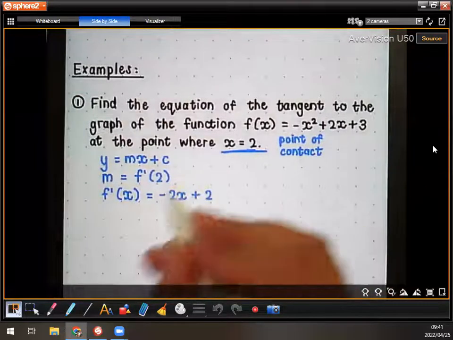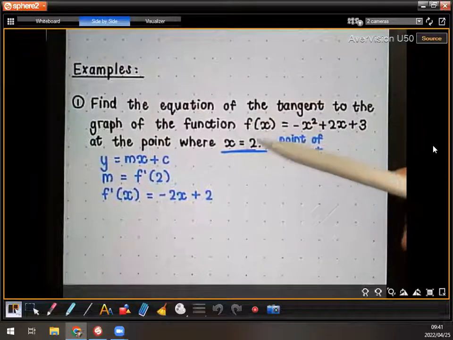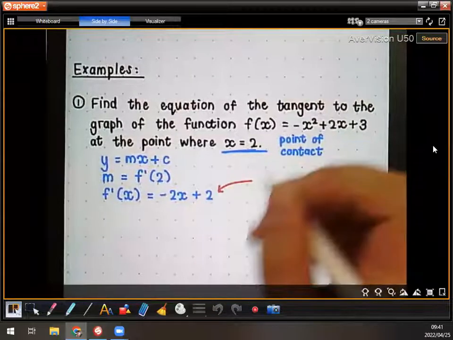Now guys, this actually is like a formula for the gradient of any tangent to this graph. All right, but how am I going to get the gradient of my specific tangent? By subbing in x equals 2. Okay, so we can add that as a little note.